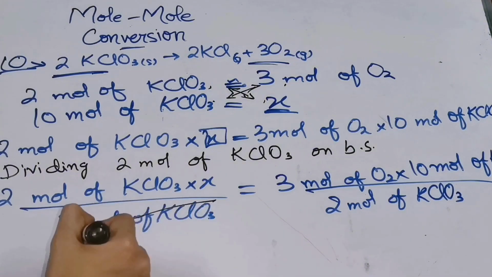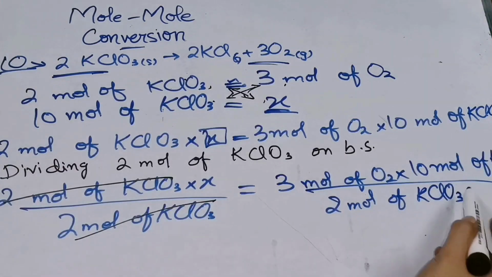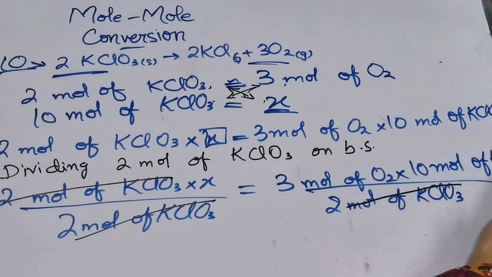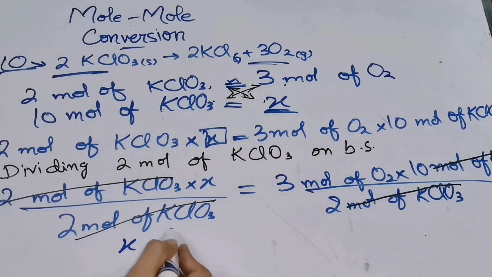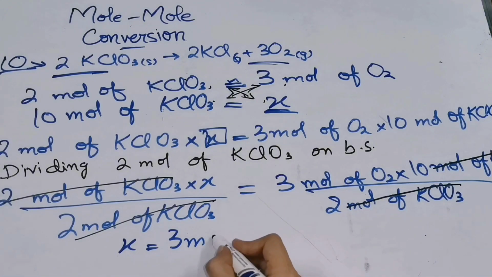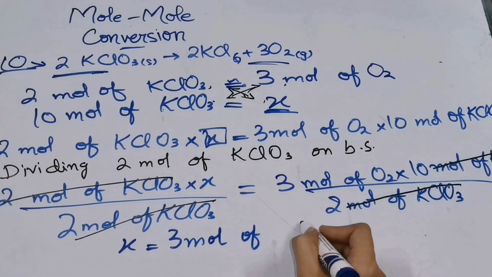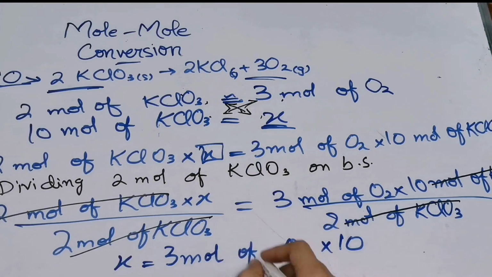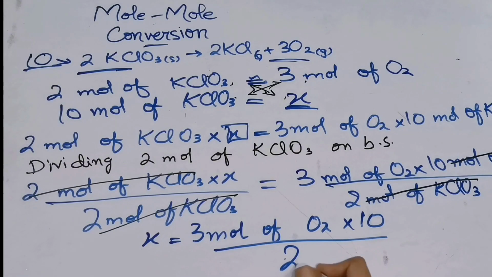Now they both will cancel each other, and from here the mole of KClO3 will cancel the mole of KClO3. Now what will be left? X is equal to 3 mole of O2 multiplied by 10 divided by 2. When you calculate this, you will get the answer 15 mole of O2.